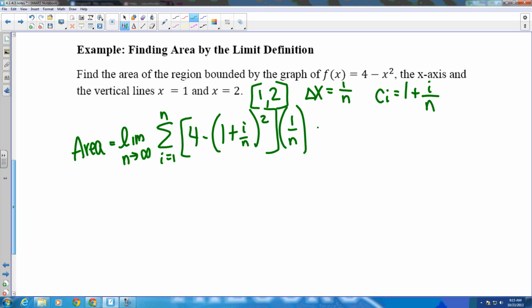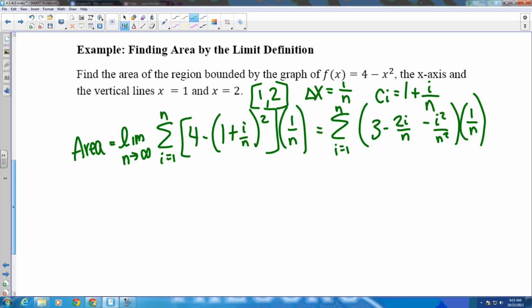So distributing all that, we get 3 minus 2i over n minus i squared over n squared, all times 1 over n. So we actually have to pull this into 3 different summations because it's not the same value of n that we can pull out.